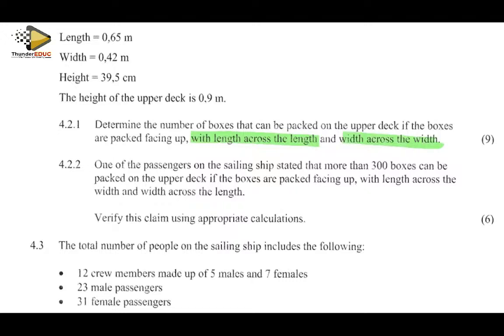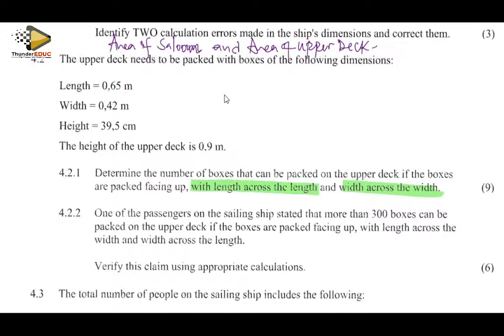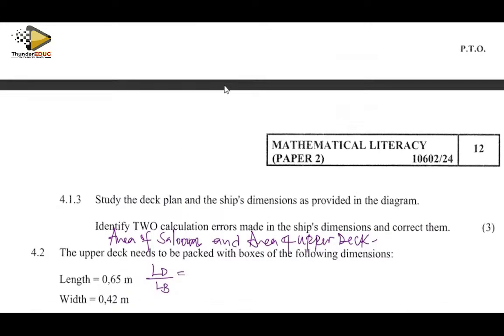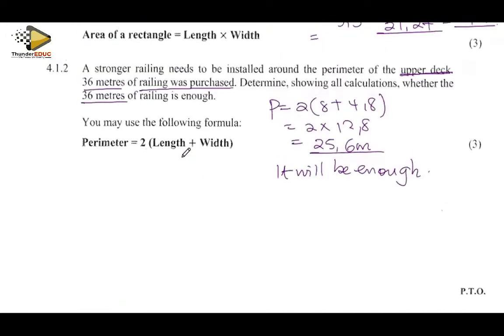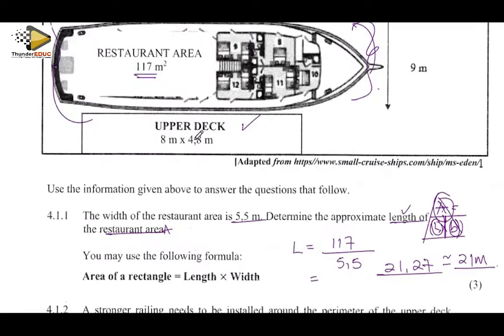Here, we've already taught this. So simply, the length of the box is facing the length of the deck. We shall say the length of the deck divided by the length of the box. That's what they are telling us. Remember the length of the deck, we are looking at the upper deck. So the dimensions are here, 8 meters by 4.